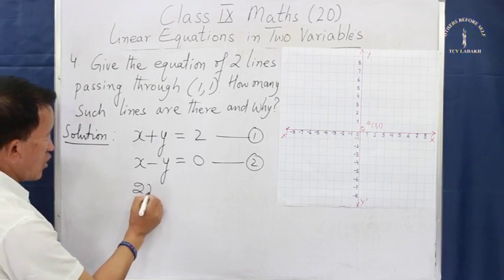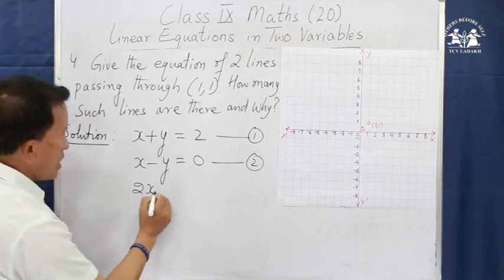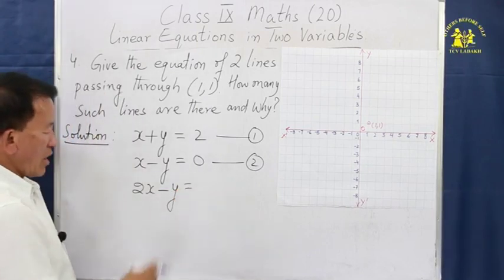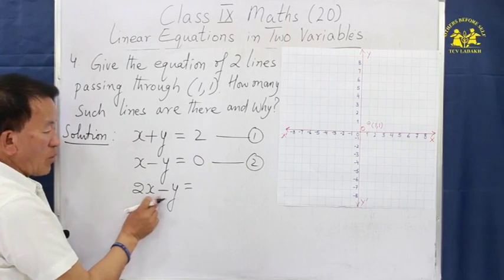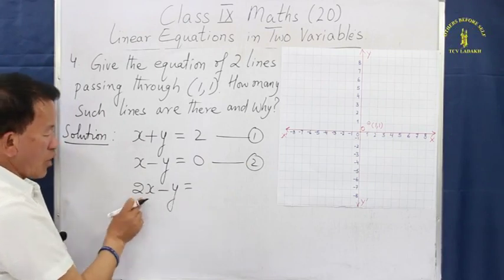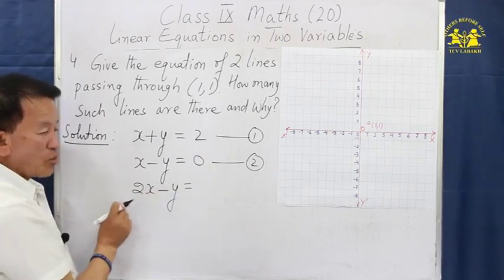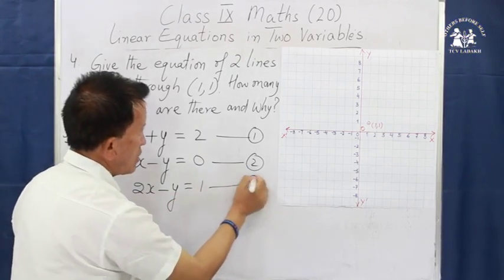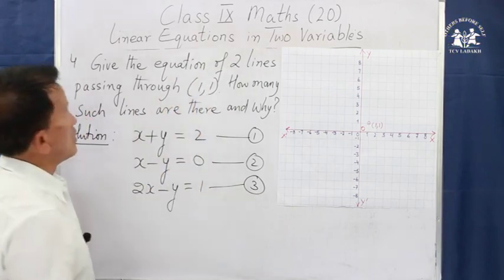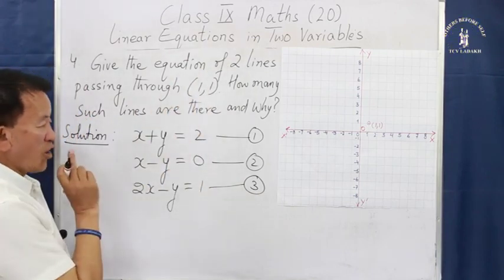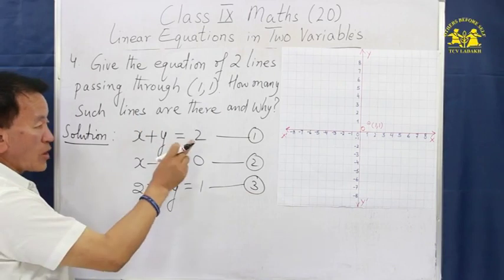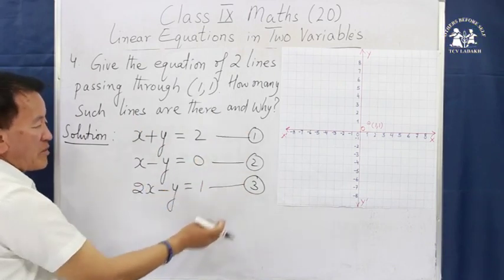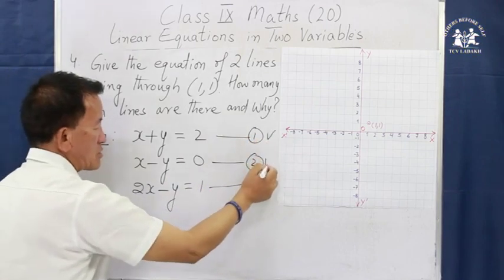Let's say 2x minus y is equal to, x is equal to 1, y is also 1. 2 ones are 2 minus 1. 2 minus 1 is 1. So we are asked to give two equations. We have provided 3. So you can write any 2 of them. The simpler ones are these 2.